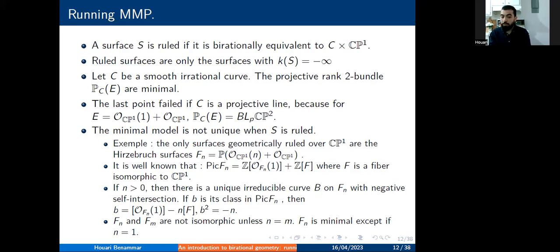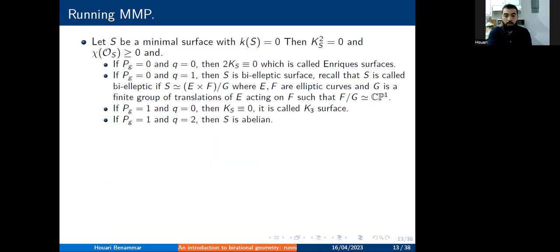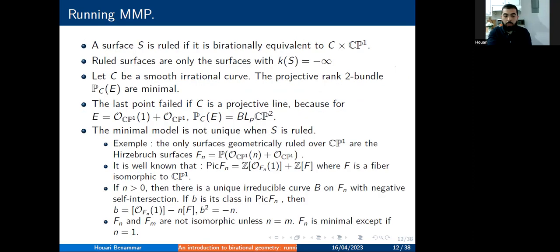So the minimal model for a surface is not unique, by this example. So what we can conclude here is that the minimal model of a ruled surface is the projectivization of a rank 2 vector bundle.